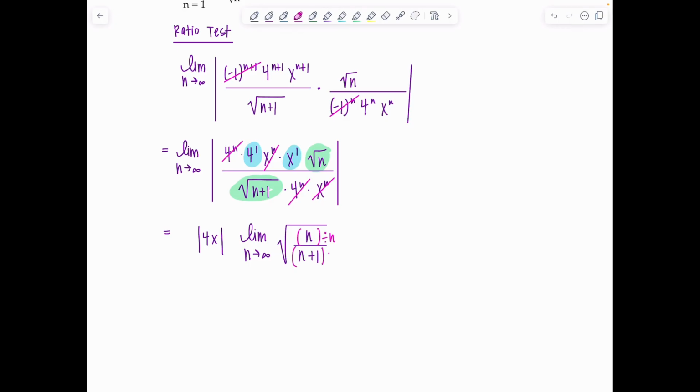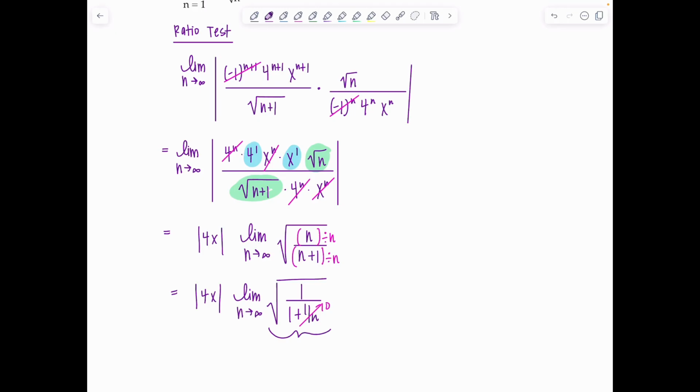It's n to the 1/2, but I'm just going to divide by n under the radical. So I'm really dividing by rad n, but I'm putting it under the radical already. So absolute value 4x, limit n goes to infinity. We're going to have square root of 1 over 1 plus 1 over n. And then 1 over n is going to go to 0 as n approaches infinity.